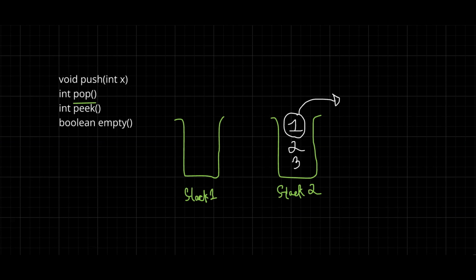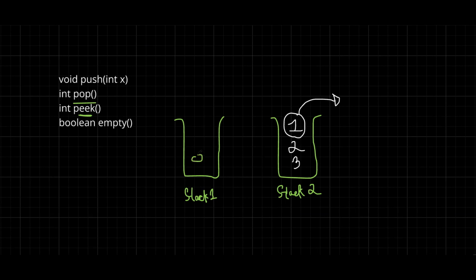Now we have to implement the peek mechanism. For peek, we have to return the top element of the stack, or the front element of the queue, but we should not remove it. Here the algorithm is pretty similar to the pop mechanism.